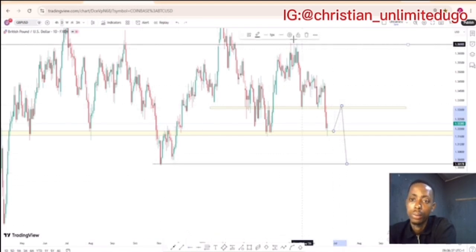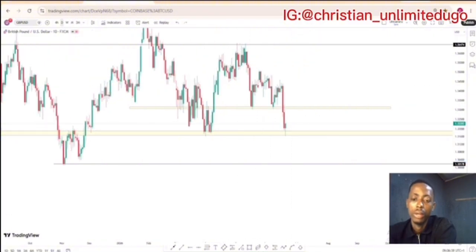Or I wait for my reaction in the same level, wait for a retest, then push it all the way higher, or even to this level.